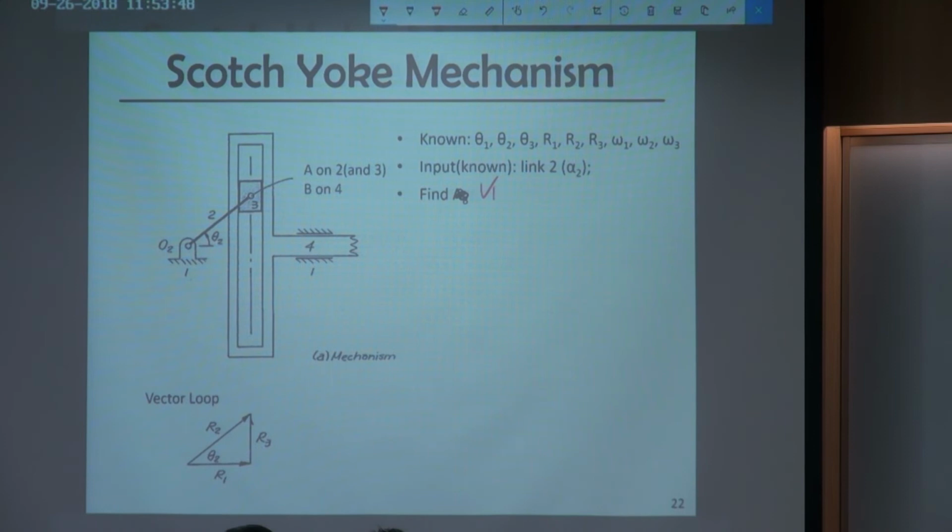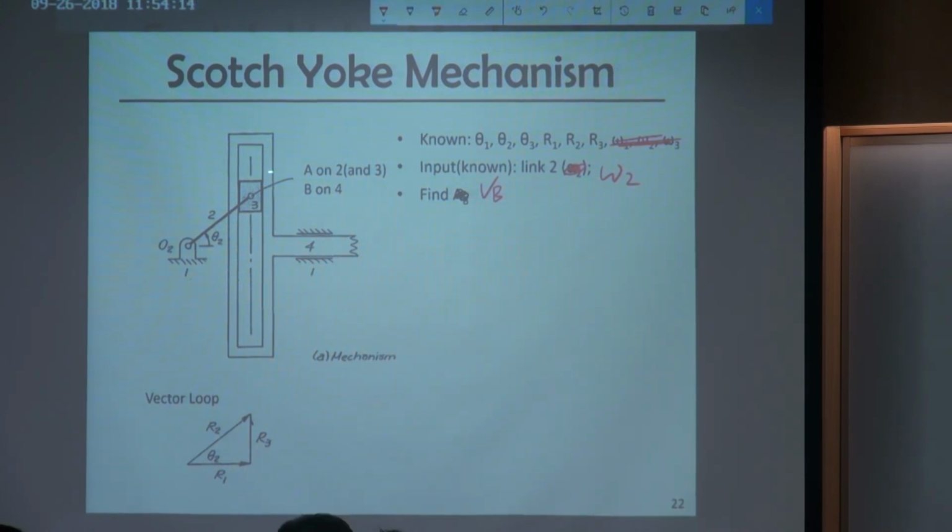Velocity B. The velocities are unknown for now. So we try to find VB. B is a point on link 4. So B is moving with link 4.